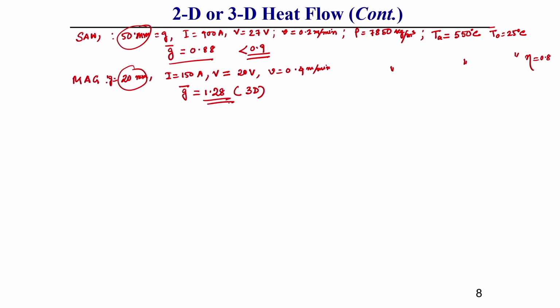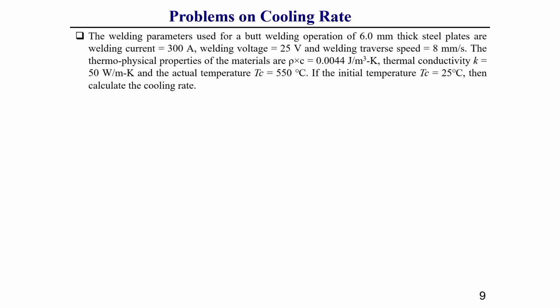Okay. Now, we will discuss a problem which is related to this cooling rate calculation. Then after that directly we will discuss the peak temperature achieved in this welding process. Now, the statement of the problem is like the welding parameters used for a butt welding operation of 6 millimeter thick steel plate, that means, here G is given as 6 millimeter.